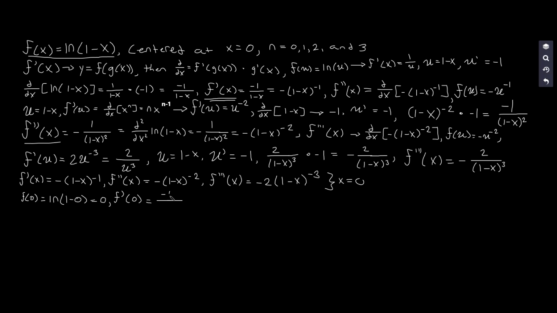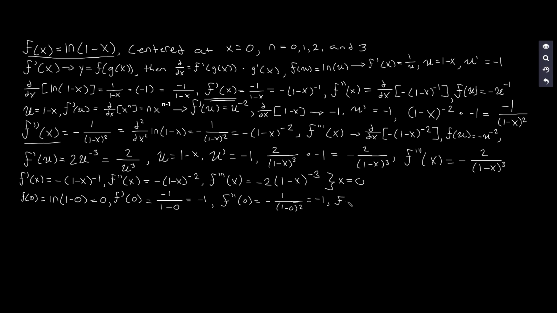So I could say negative 1 over 1 minus, instead of x, 0. Well, the answer to this is going to be negative 1. All right, and then we could do f double prime of 0. Well, that's going to be, if we wanted to interpret this as a fraction, a 1 on the denominator, 1 minus 0 raised to the second power equals, I think, negative 1.